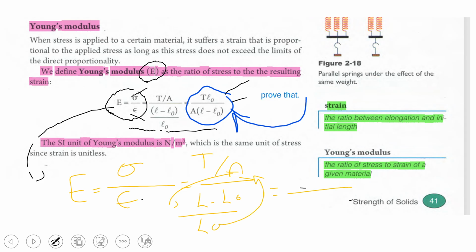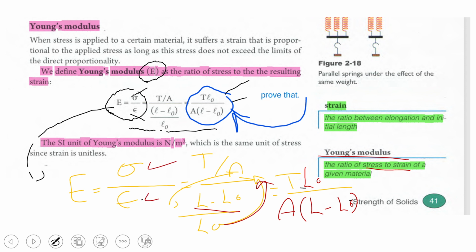Write T, do not touch T. This L naught comes up next to tension T. The area comes down, make a bracket, and don't touch L minus L naught. So this definition of Young modulus is the ratio of stress to strain, the relation between stress and strain.